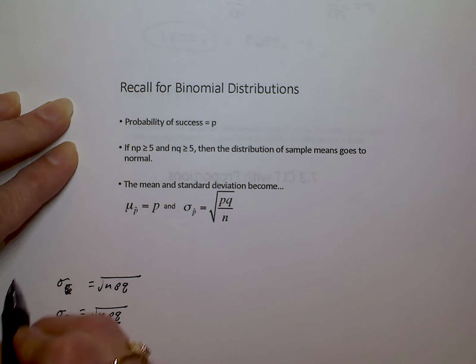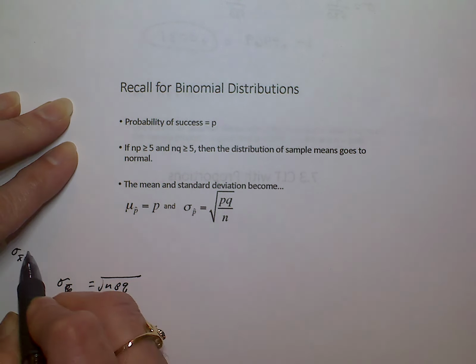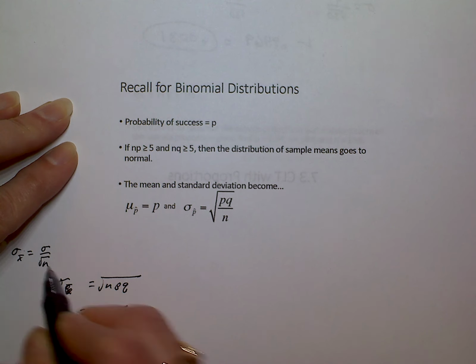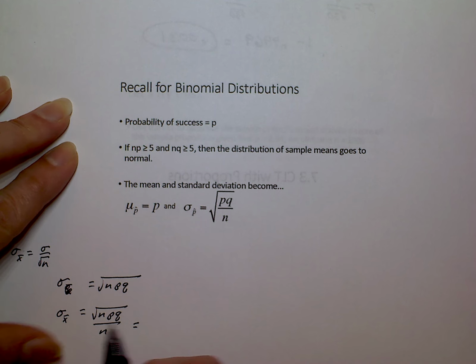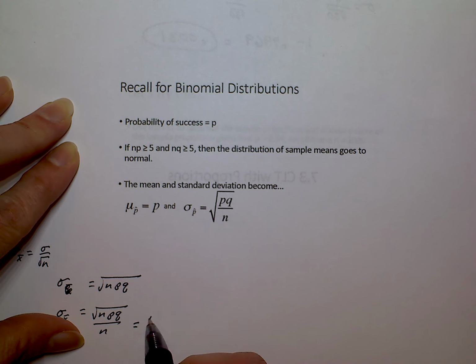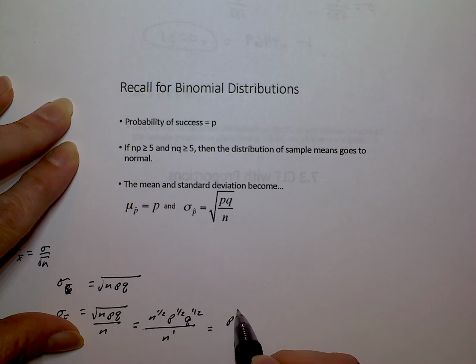In the sample means, sigma sub x bar was sigma over square root of n. We're going to do that same thing here. To simplify this, it's the same thing as all of these to the 1/2 power. Remember, square root is 1/2 power. And then this simplifies so that I get p to the 1/2 q to the 1/2 over n to the 1/2.